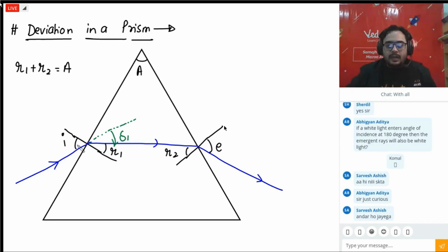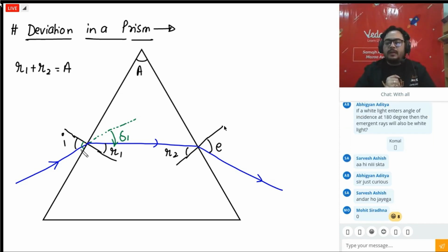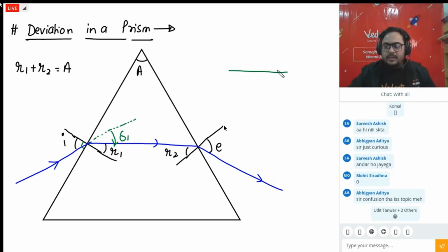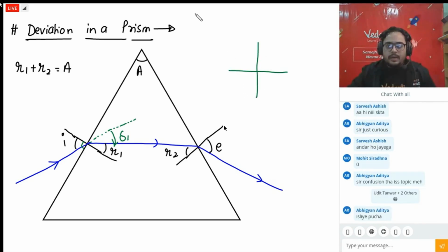Can you see here? How can angle of incidence be 180 degree? What is the doubt? How can angle of incidence be 180 degree? Are you trying to say if this is the surface, this is the normal, then 180 degree with normal, it means ray is falling like this?